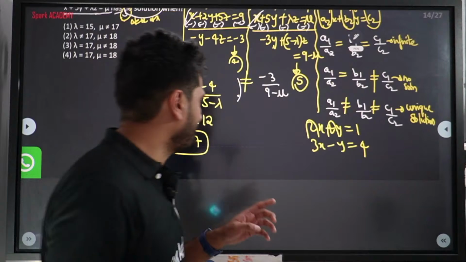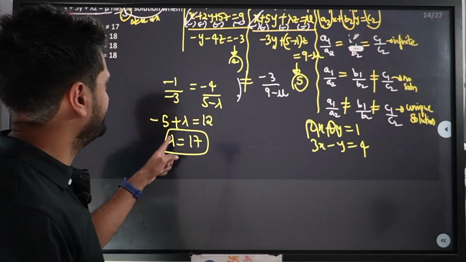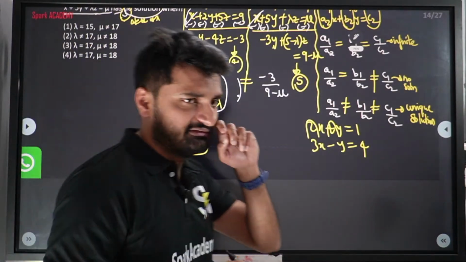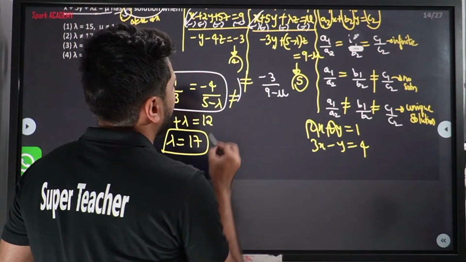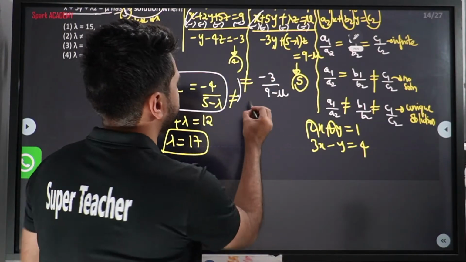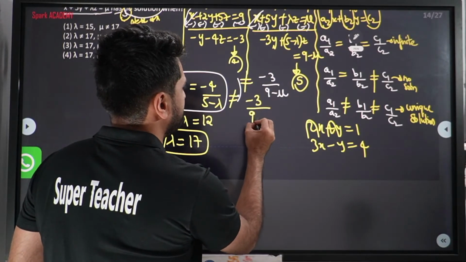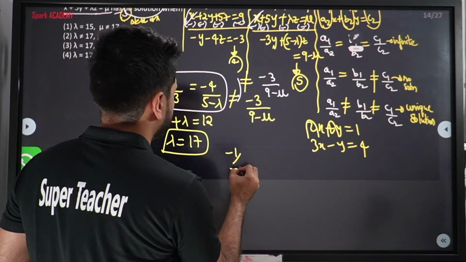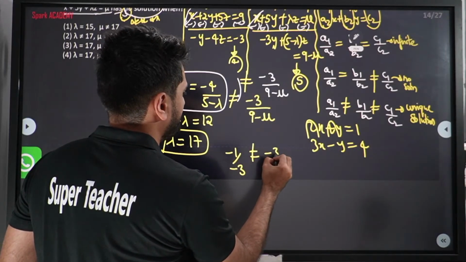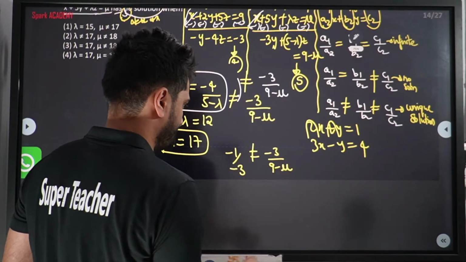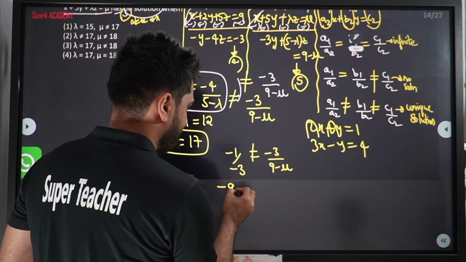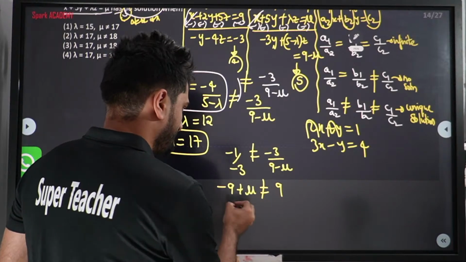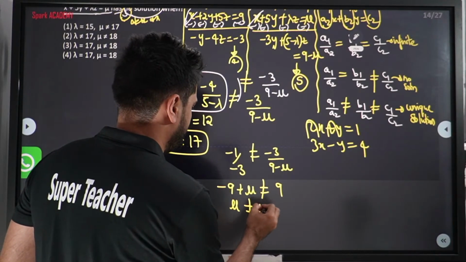So what does it mean? If the lambda value is 17, we will get these two as equal. But we also have a condition: that shouldn't be equal to the right hand side coefficients. Right hand side is minus 3 by 9 minus mu. So basically minus 1 by minus 3 shouldn't be equal to minus 3 by 9 minus mu, or if you cross multiply, minus 9 plus mu shouldn't be equal to plus 9, or mu shouldn't be equal to 18.